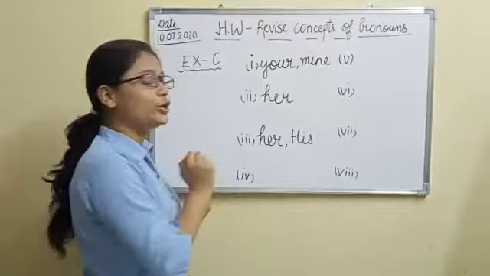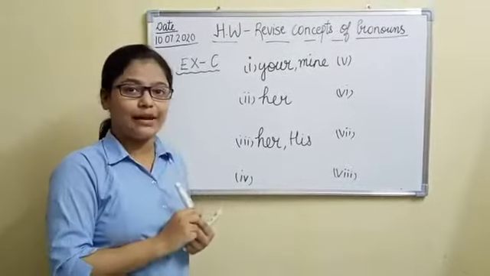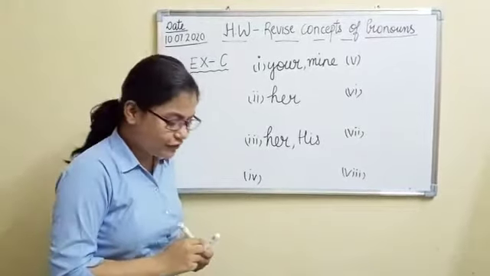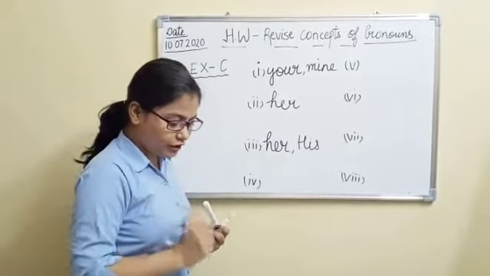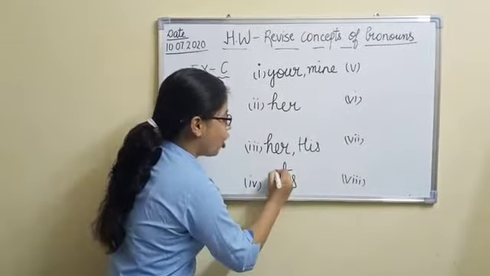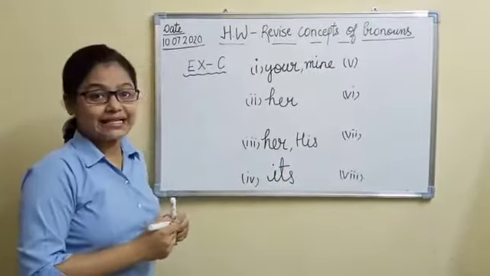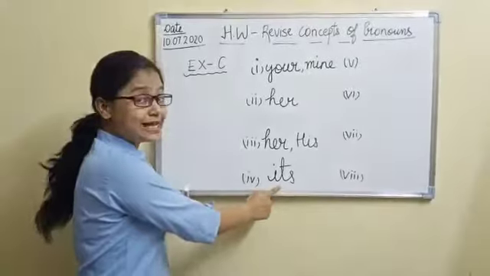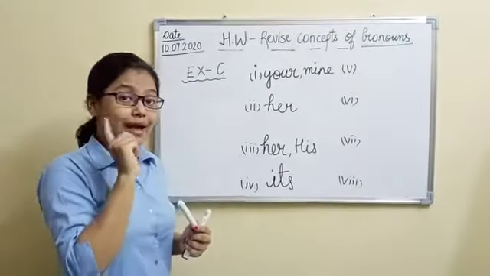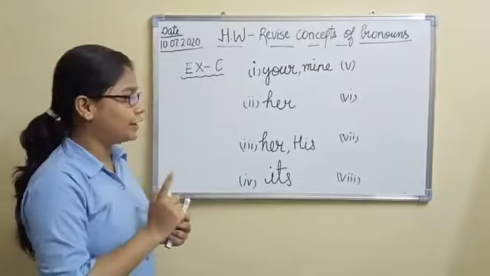So what I am going to use here, you will tell me. Yes, I know that you all know this, and we will be using: the earth revolves on its axis. So we are going to use this its. We will not make use of the apostrophe. Make this clear in your mind, right?